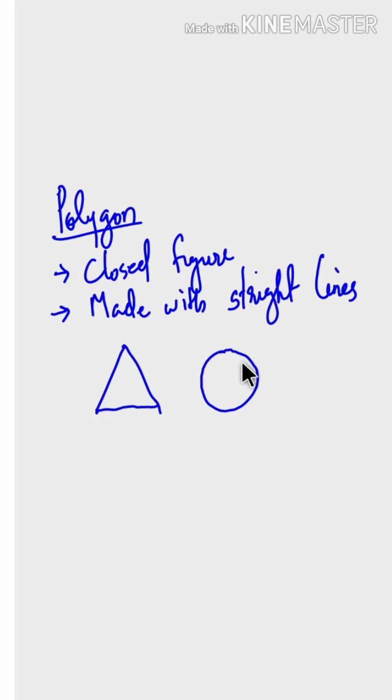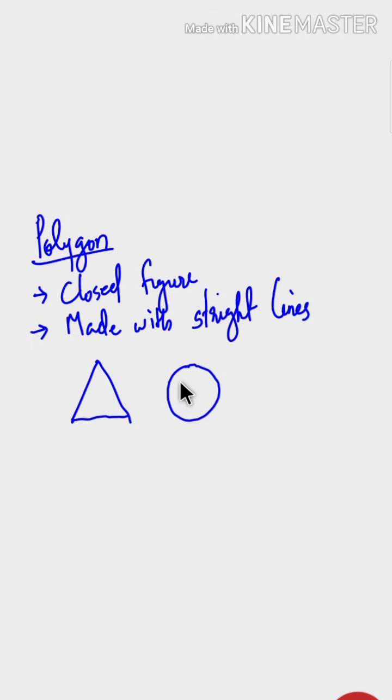This is not a polygon. Why? Let's check with the conditions. It should be a closed figure. Yes, this is a closed figure. So the first condition is okay.